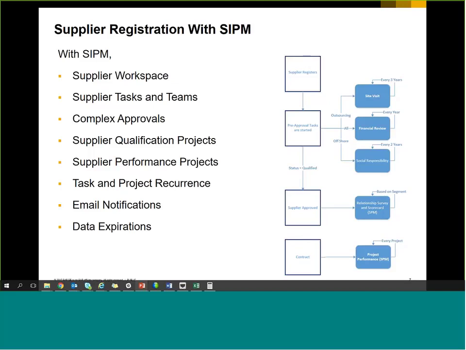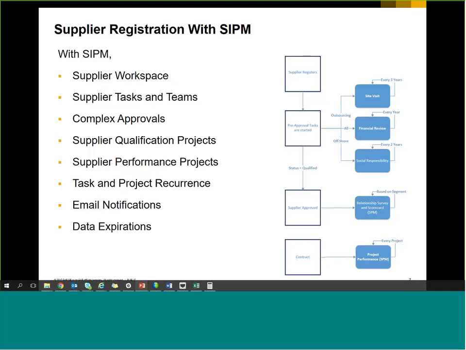So with SIPM, you can have a lot more control over who is approving what and kind of delegate out those responsibilities. So rather than sending the approval notification to every single supplier approver, only the approvers that need to know about this particular organization can approve it when you're doing registration using a supplier workspace.